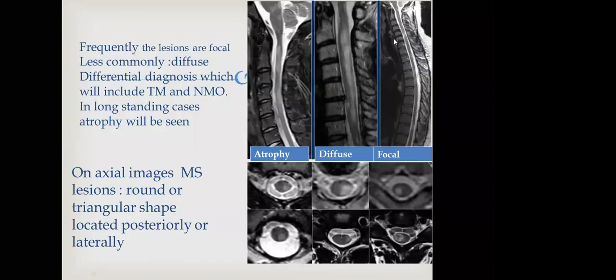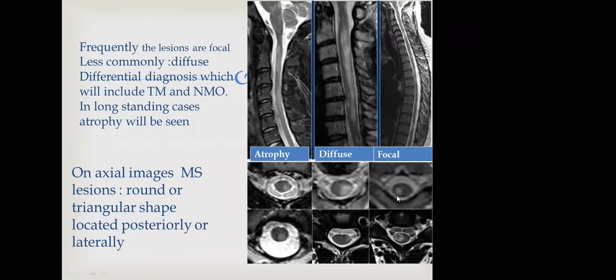Again, these are three different patients with focal lesions, the focal type of the lesion, and less frequently the diffuse type of spinal cord involvement, which is a differential diagnosis of transverse myelitis and neuromyelitis optica. And in chronic cases, there will be atrophy of the spinal cord.